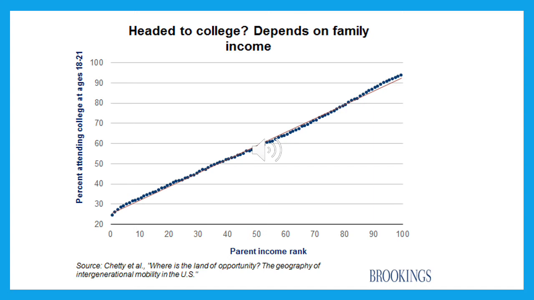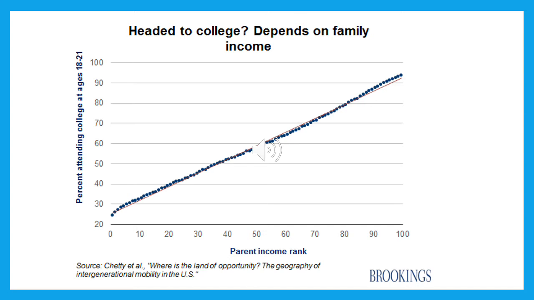And for those who earn at the very top of the income distribution, 93 to 95% of their children are in college at ages 18 to 21, with a straight line going all the way from about 23, 25%, all the way up to about 93 or 95%, with very little wiggling in the middle.